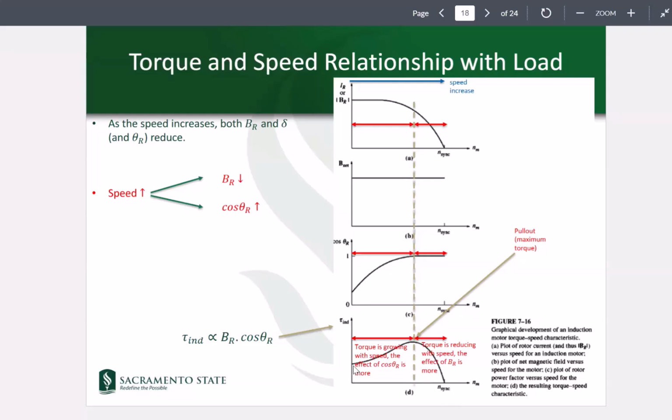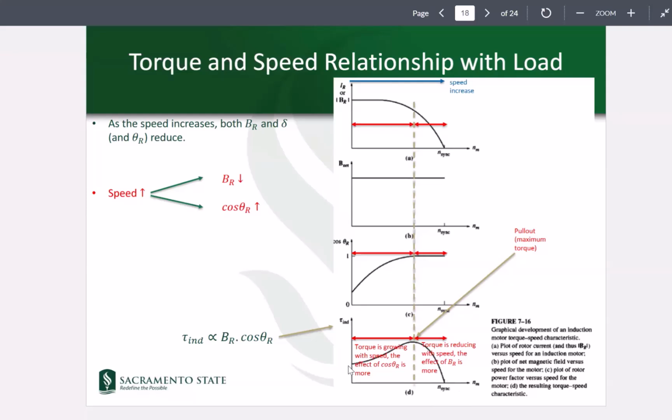Here we have the starting torque. The starting torque is the torque when speed is 0, when the motor is not in motion. You apply the voltage. Right at that moment, there would be a tau applied, which you call the starting torque. When you get to the synchronous speed, the torque would be 0. And that's obvious, because if you are reaching the synchronous speed, there would be no voltage induced, no torque induced.